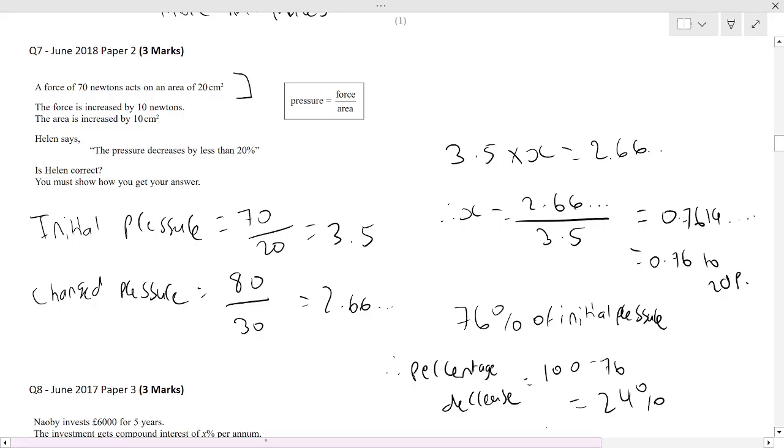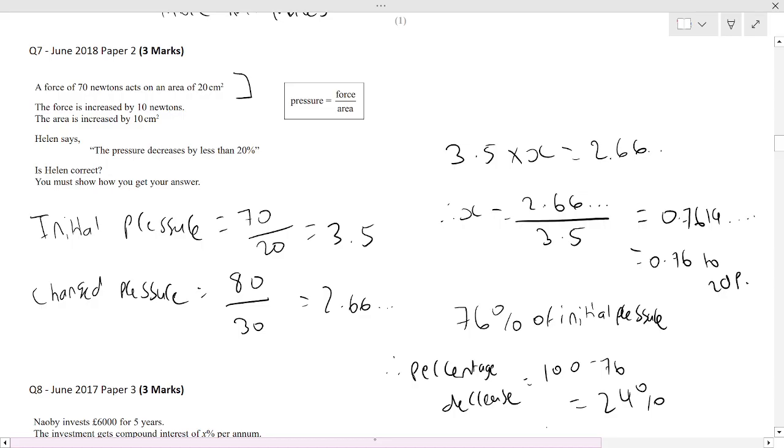Okay, so that's your percentage decrease then. Hopefully you can see that. So this multiplier is telling us, like with any percentage question, the amount that the pressure has decreased to. So this is telling us that this 2.66 is 76% of the initial pressure, but the percentage decrease is from the whole 100.